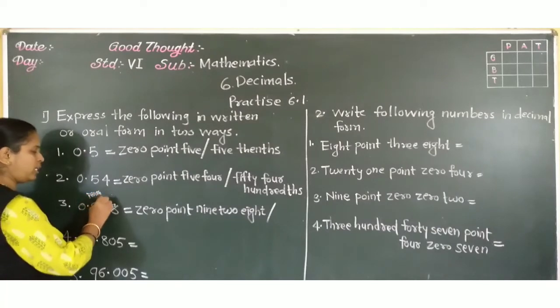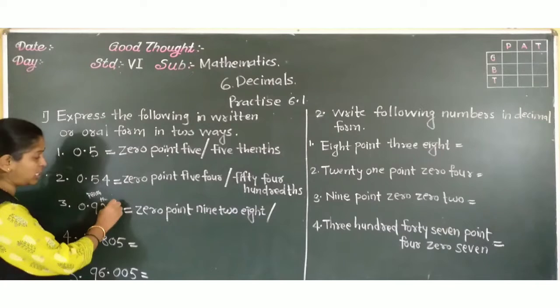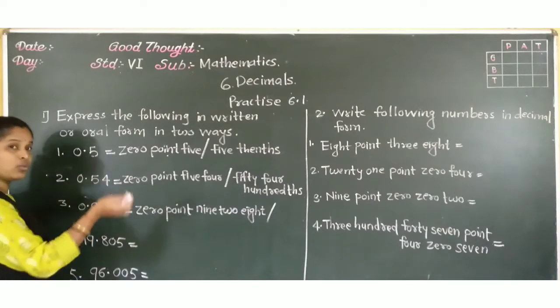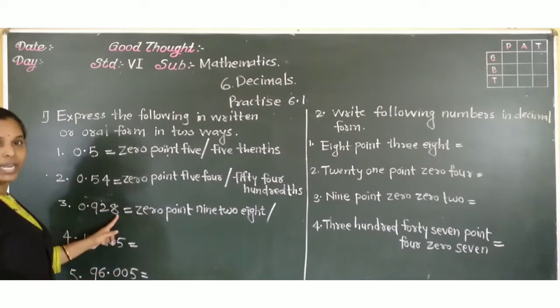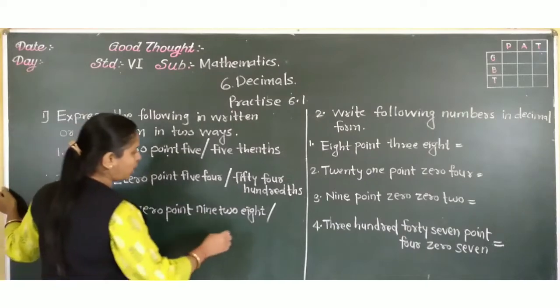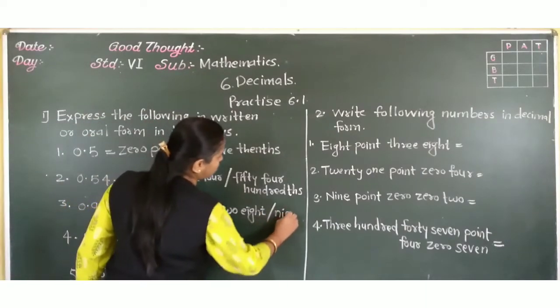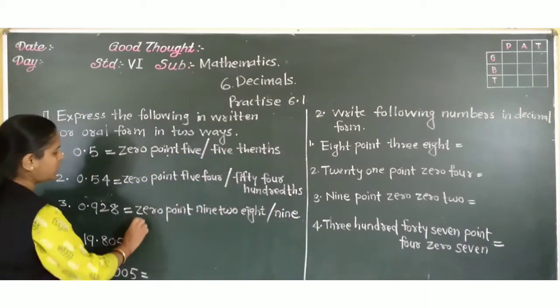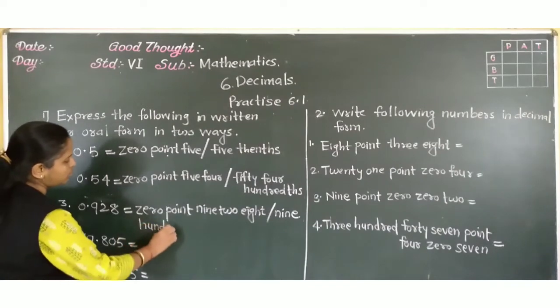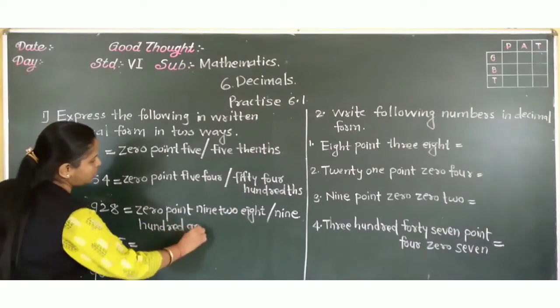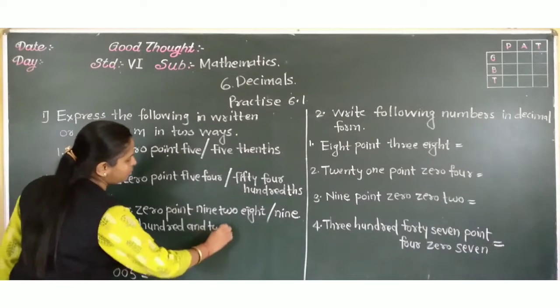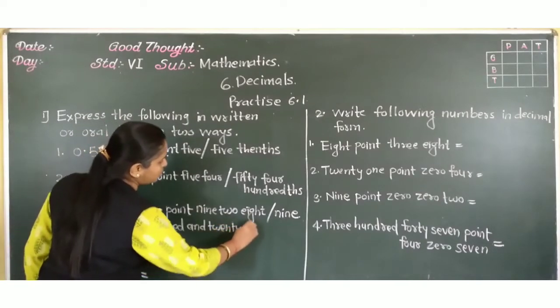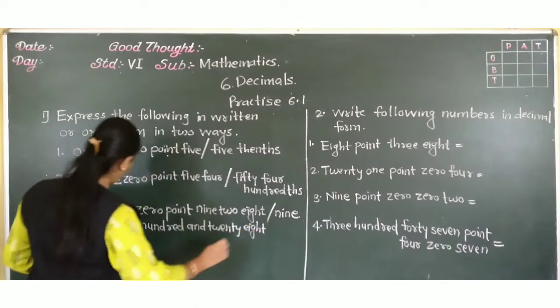This is at hundredths place. And this is at thousandths place. So total how many thousandths did we get? 928 thousandths. So how to write it? Or 928 thousandths.